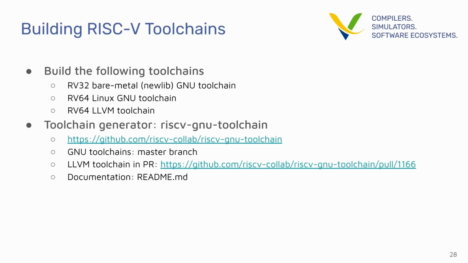As toolchain generator, we will be using the RISC-V GNU toolchain. As mentioned before, LLVM toolchain support is only available in a pull request of this repository. You can find the link here. So let's quickly have a look at the project.